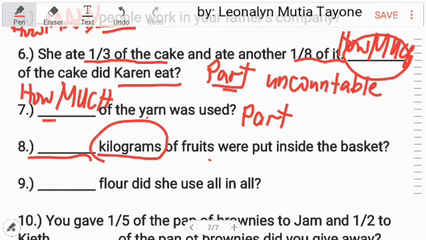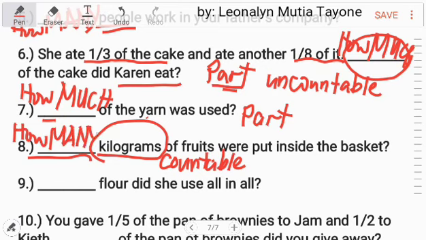When we say kilograms, gaya ng nasa examples natin ulit, this is countable. When we say countable, dapat ang gamitin natin ay how many. So, how many kilograms of fruits were put inside the basket?